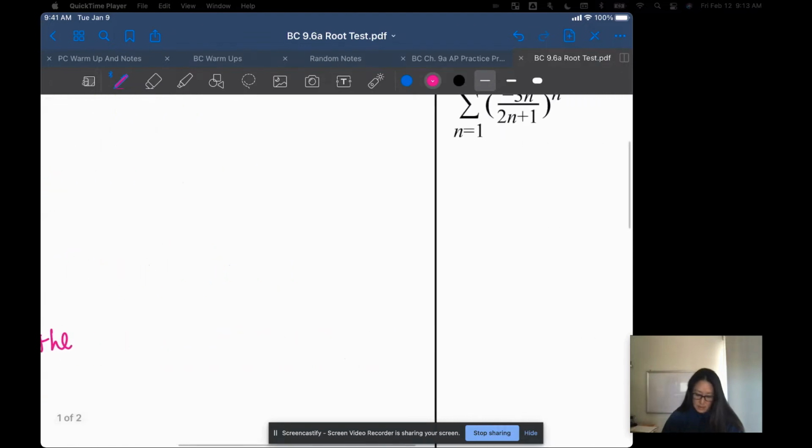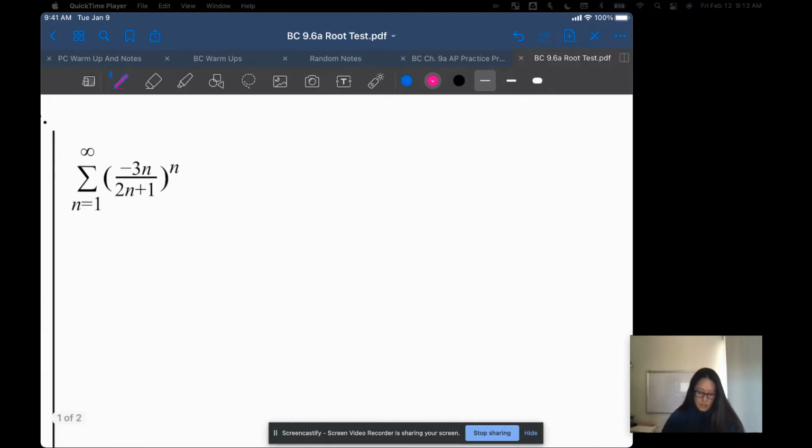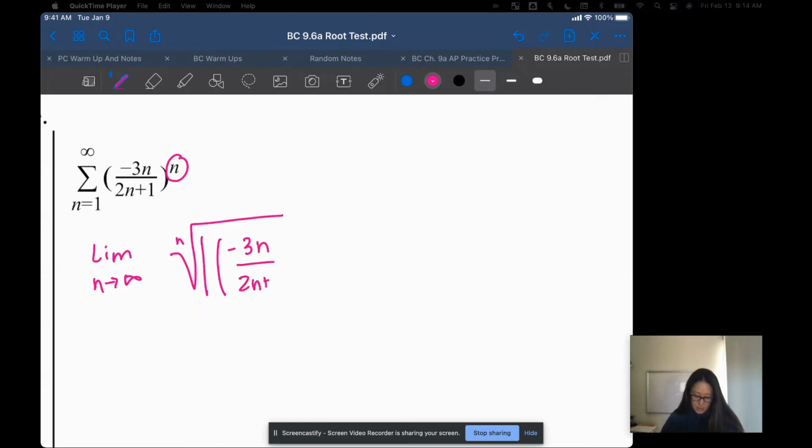Okay, next. The sum from n equals 1 of negative 3n over 2n plus 1, all to the n. So again, we're raising to the n power, so I am going to try the root test. As n goes to infinity of the nth root of the absolute value of, in big parentheses, negative 3n over 2n plus 1, to the n power.